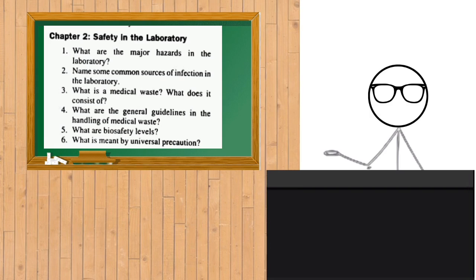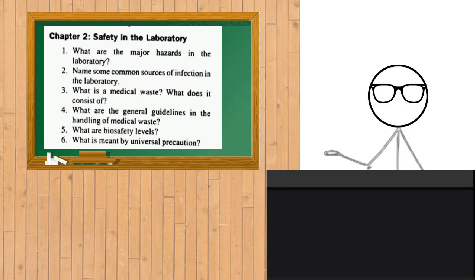Level one is for known microorganisms that do not cause disease in humans. If a laboratory is dealing with such microorganisms, they have a biosafety level of one, meaning they mostly do not have a lot of safety protocols.